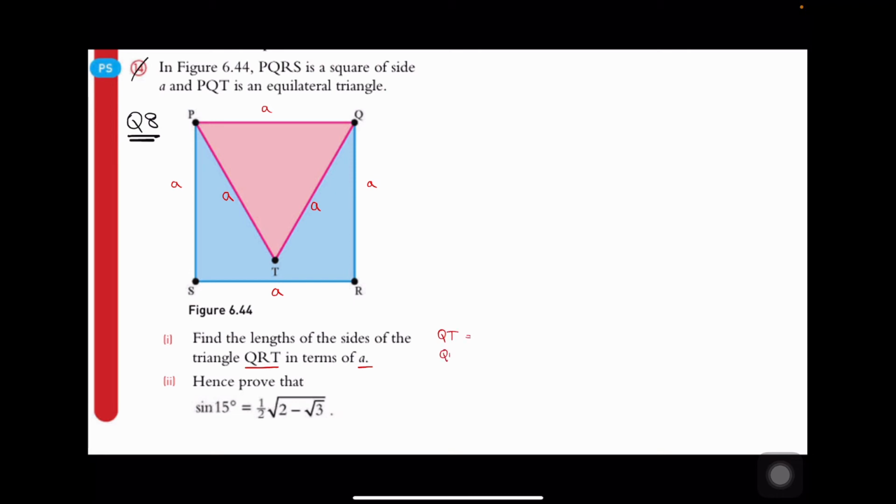So QT and QR are both equal to A. And so we need to work out the side RT.